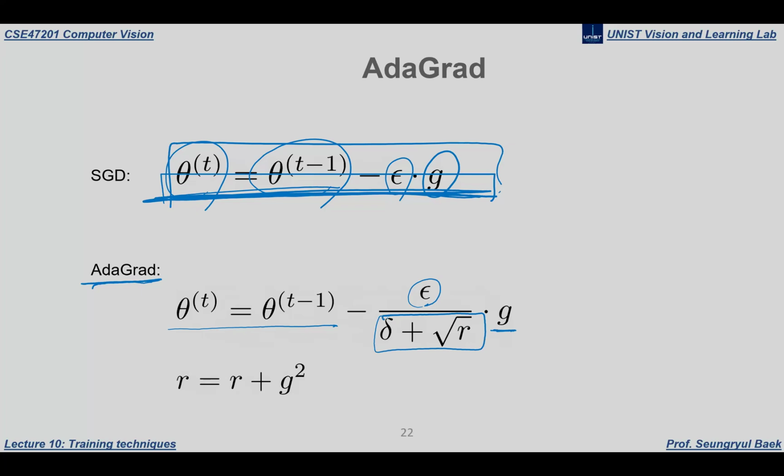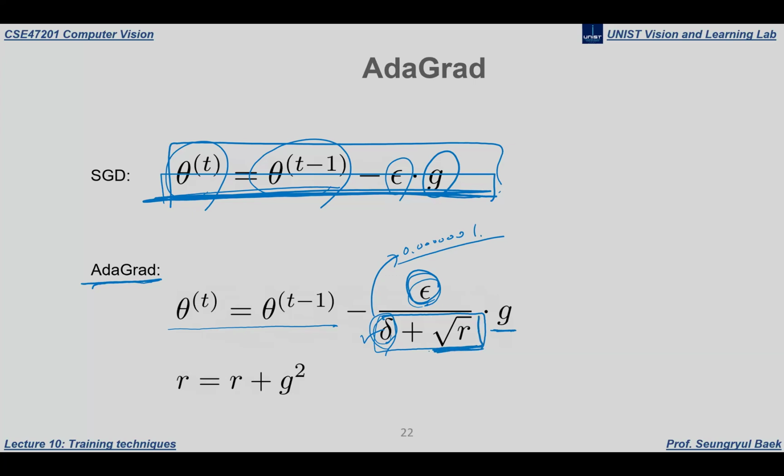Are you guys following this? Only this part is the new thing. And delta means a very small scalar value to prevent division by zero. When a fraction is divided by zero, it will give us an error in the code, so this delta is the part for preventing that.